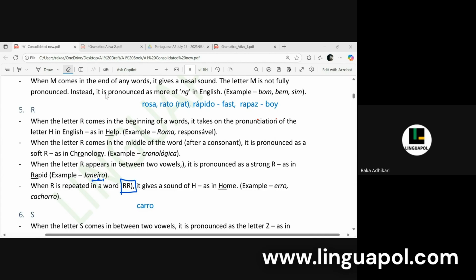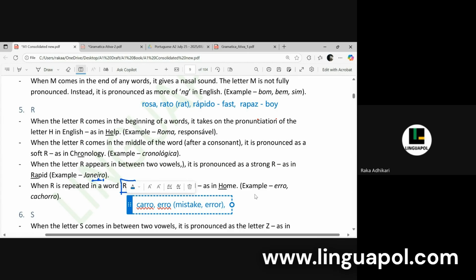For example, more examples. Just a second. So we have carro, we have erro. Erro means mistake, error. Very commonly used in workspace. Okay. Then we read a word already. What is the word for dog?